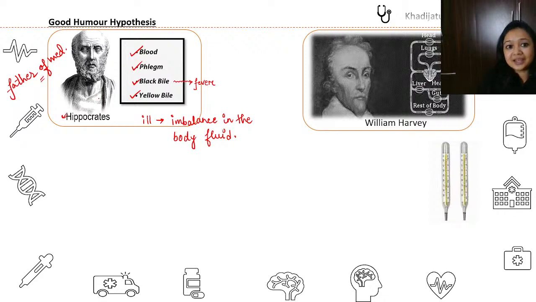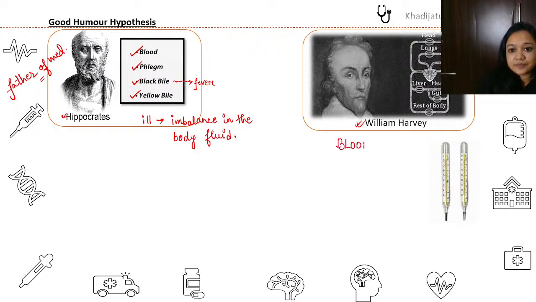Okay. So, it was for a very long time believed that yes, an imbalance in any of these fluids can cause illness, until William Harvey, this gentleman, came into picture. He came in and said that hey, it's actually blood circulation.